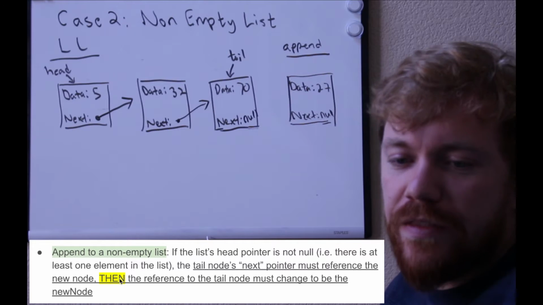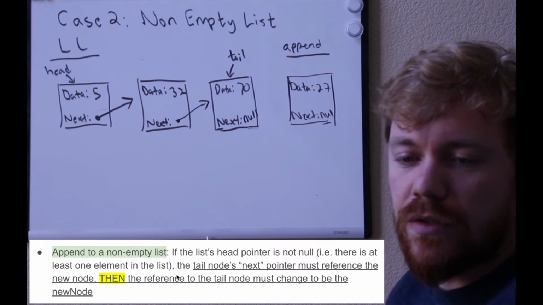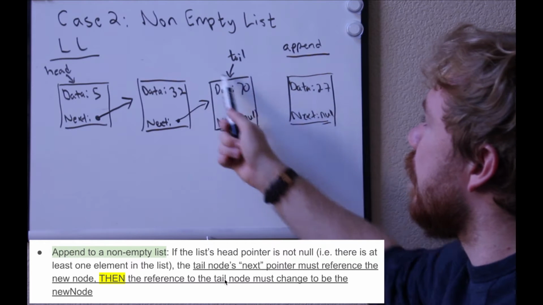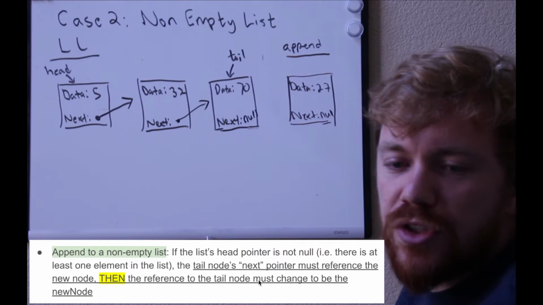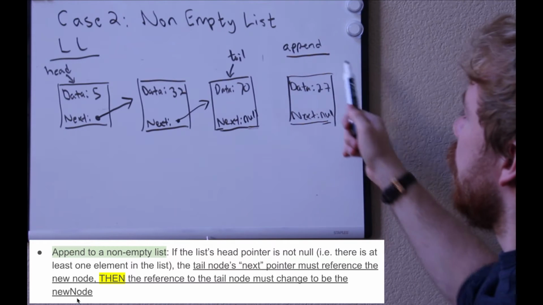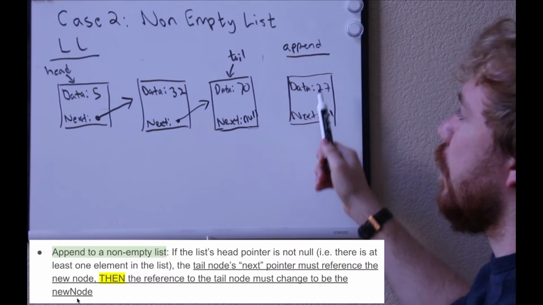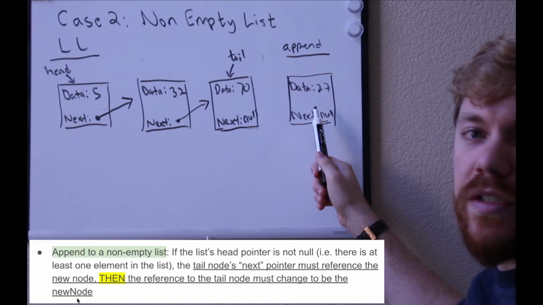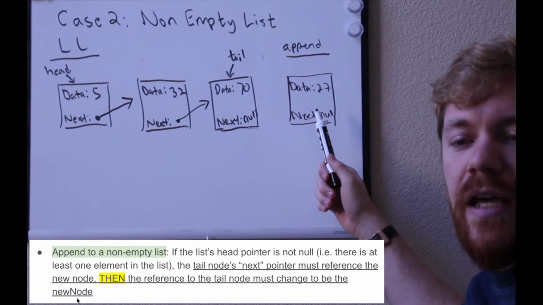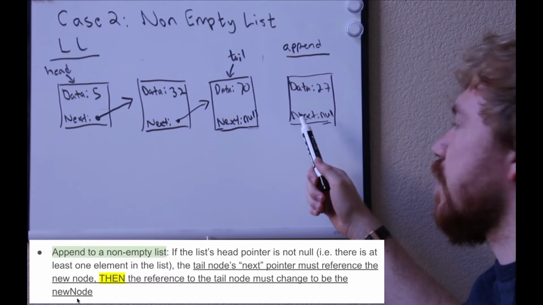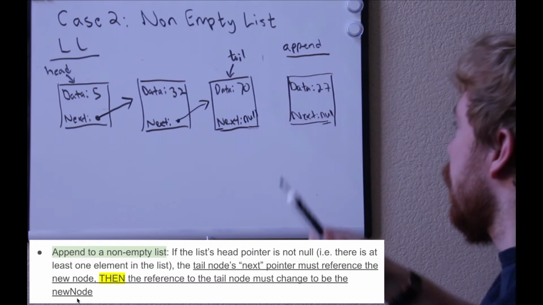Then, and I highlighted "then" there because order matters here, the reference to the tail node, which is just the name here, the tail name, must change to be the new node. This guy. And that makes sense, right? Because if we're appending to the end of the linked list, this new node is now at the end of the linked list. And according to our rules, the tail should be at the end of the linked list. So essentially what we're saying is update the new node to become the tail.